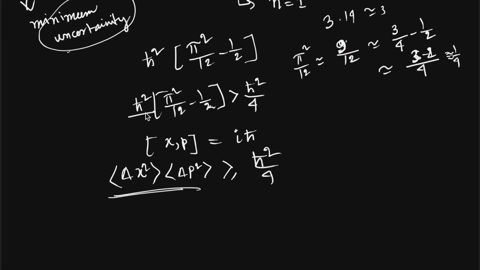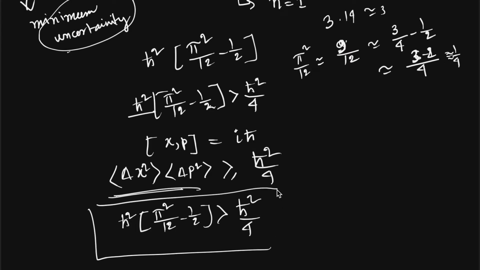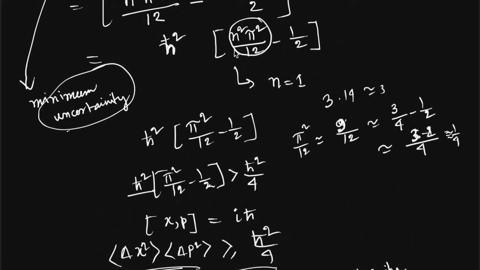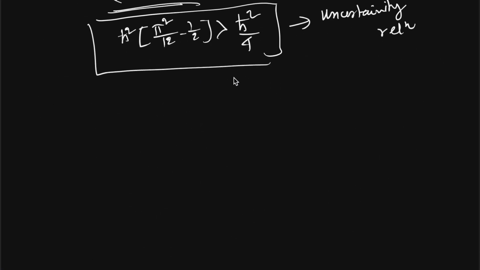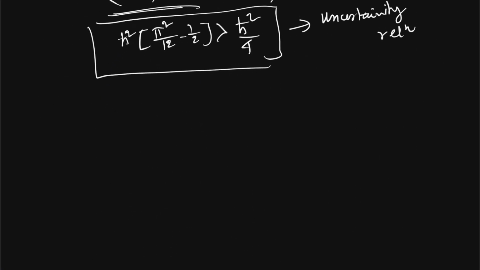Since we know that the minimum uncertainty is ħ² (π²/12 − 1/2), which is greater than or equal to ħ²/4, the minimum uncertainty also follows the uncertainty relation. And if we check other than the minimum uncertainty, it also follows this uncertainty relation. So we have proved it, we have solved question 21.